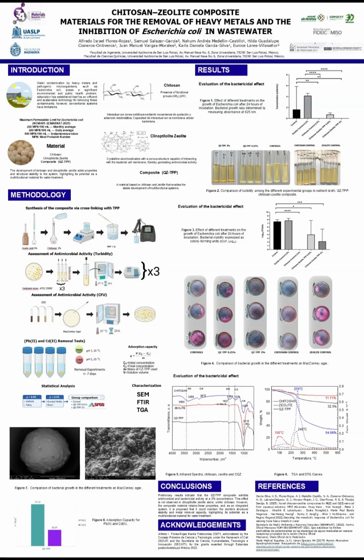The curves showing the percentage of weight loss and the rate of weight loss indicate that the materials exhibited total weight losses of 64.68% for chitosan, 11.11% for zeolite, and 32.3% for the composite. In all cases, an initial loss was observed below 100 degrees Celsius, attributed to water evaporation.